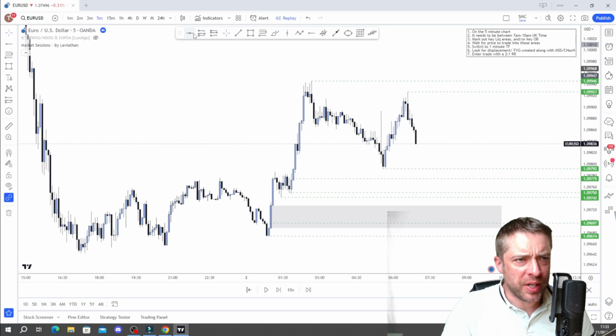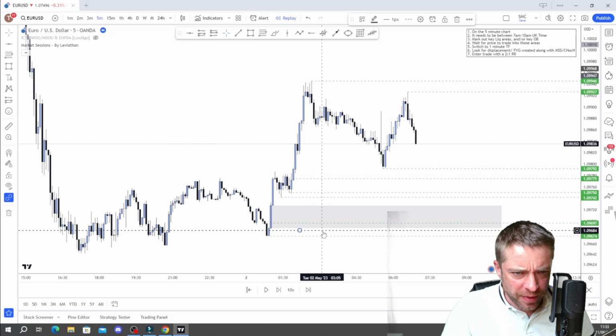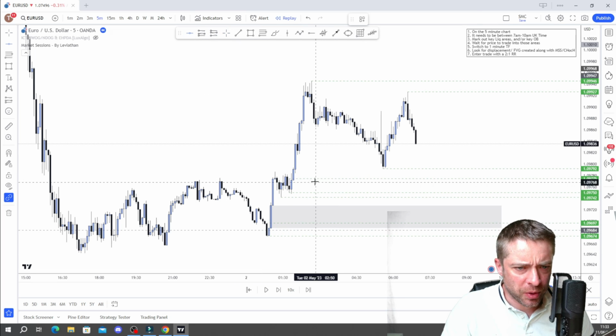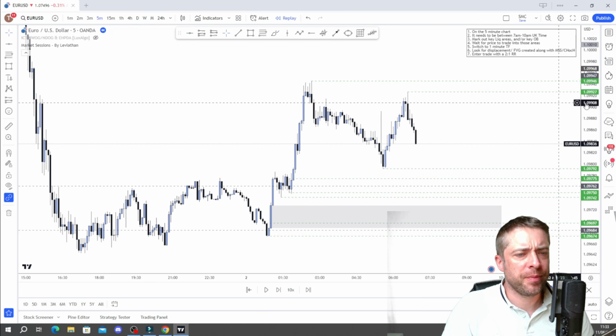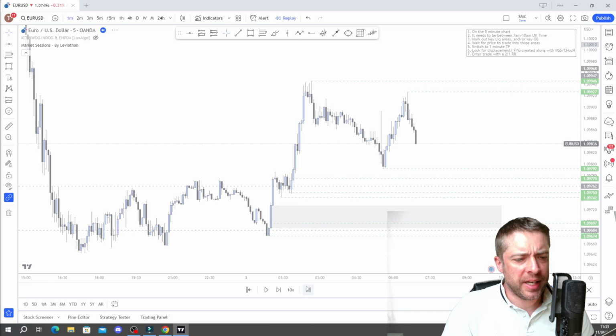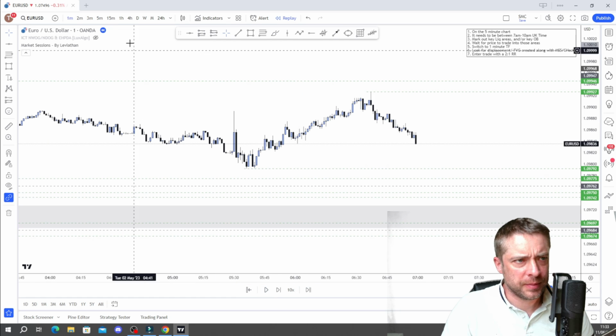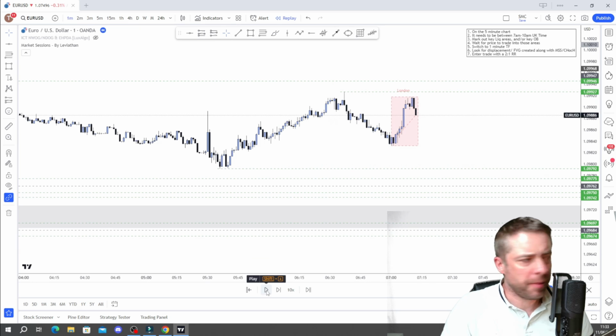And we've got a midpoint around about there, and a midpoint of this order block here around about here. There are zones. Let's go down to the 1 minute. Actually, we'll go to the 1 minute, and let's see what happens.